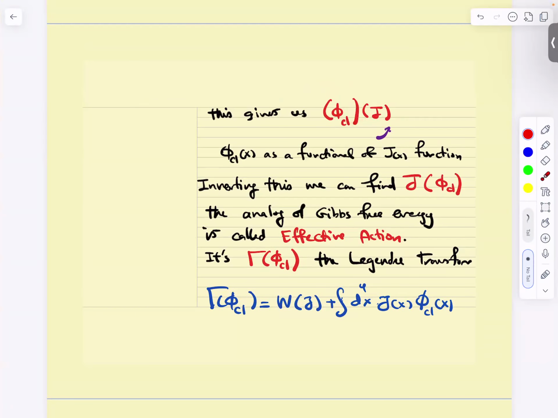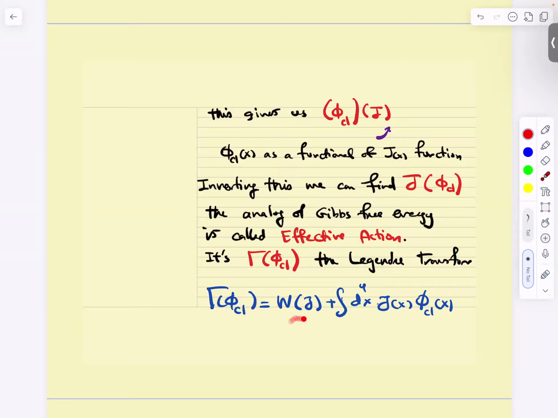Right? Now, what you would like to do is invert this and have something that computes for you J as a function of phi classical. In fact, what you would like is a functional of phi classical that is extremized on J. And here's what your functional is.